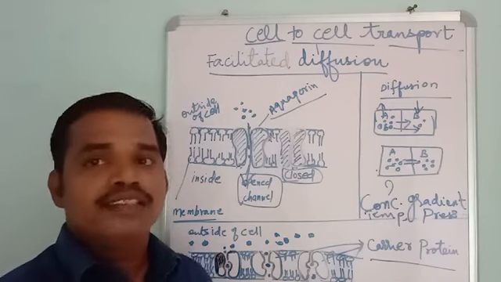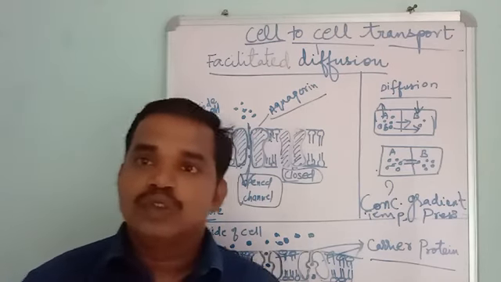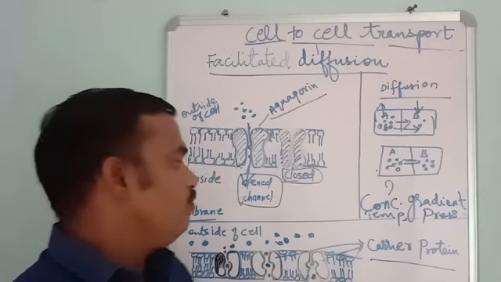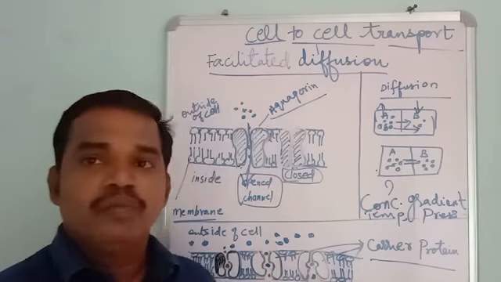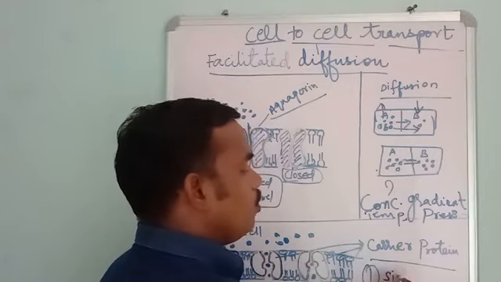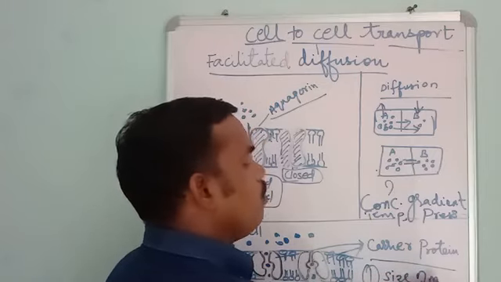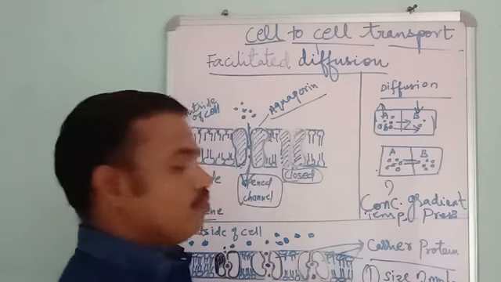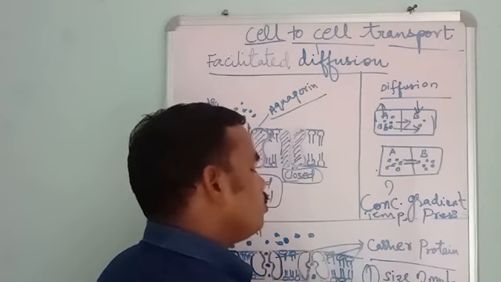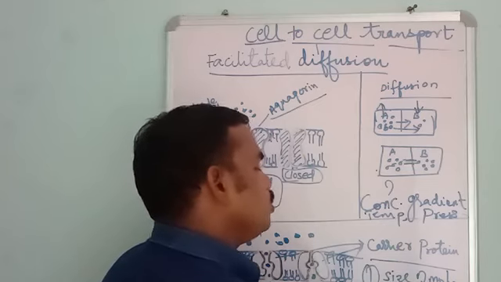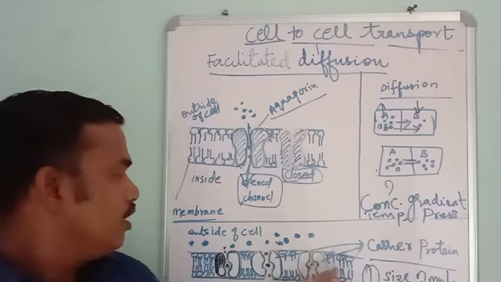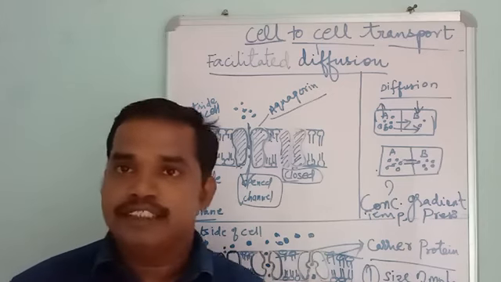Facilitated diffusion is determined by the size of the molecule, and number two, the solubility of the molecule.